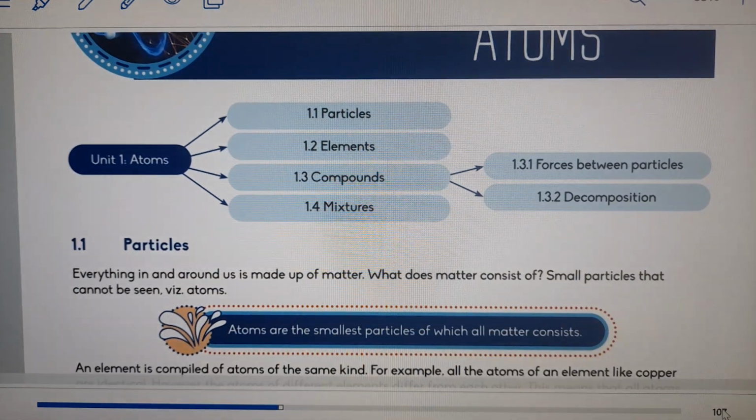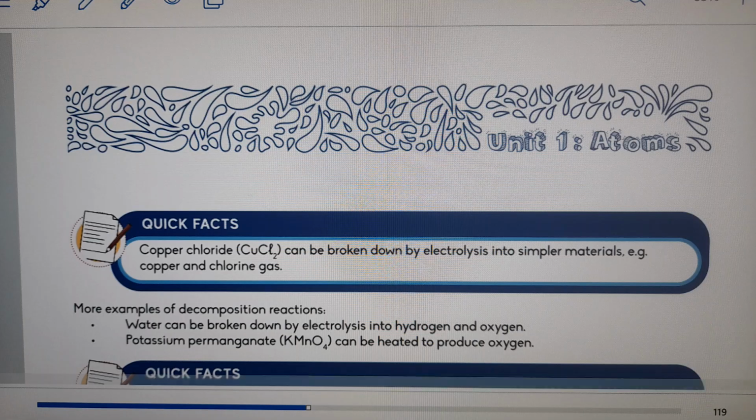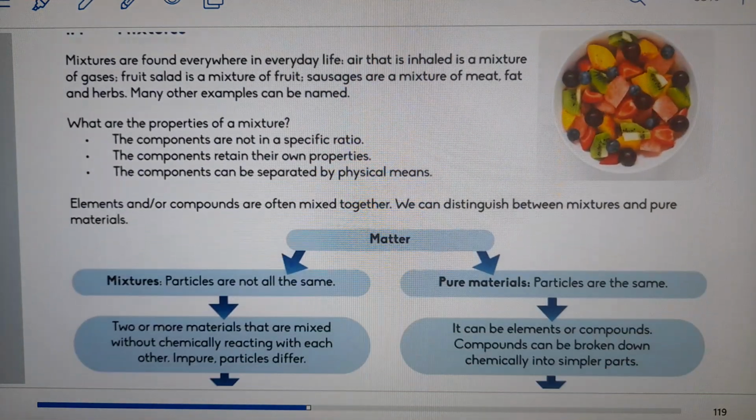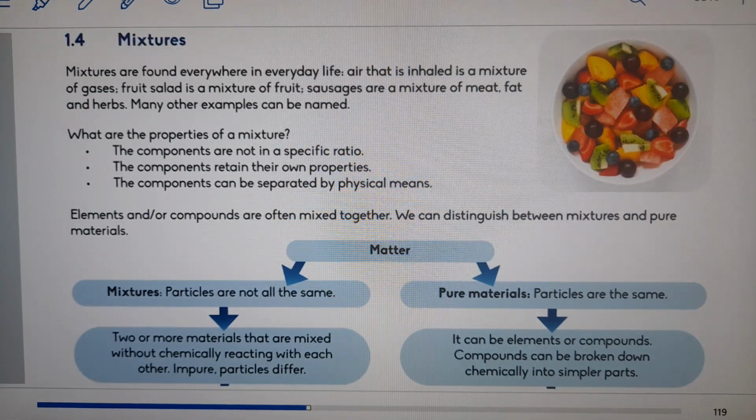Okay, so now we need to go to 1.4 mixtures, that is on page 119 of your textbook. Let's scroll it up a bit. Yes, there we see mixtures now. Mixtures are found everywhere in everyday life. The air that we breathe in is a mixture of gases.